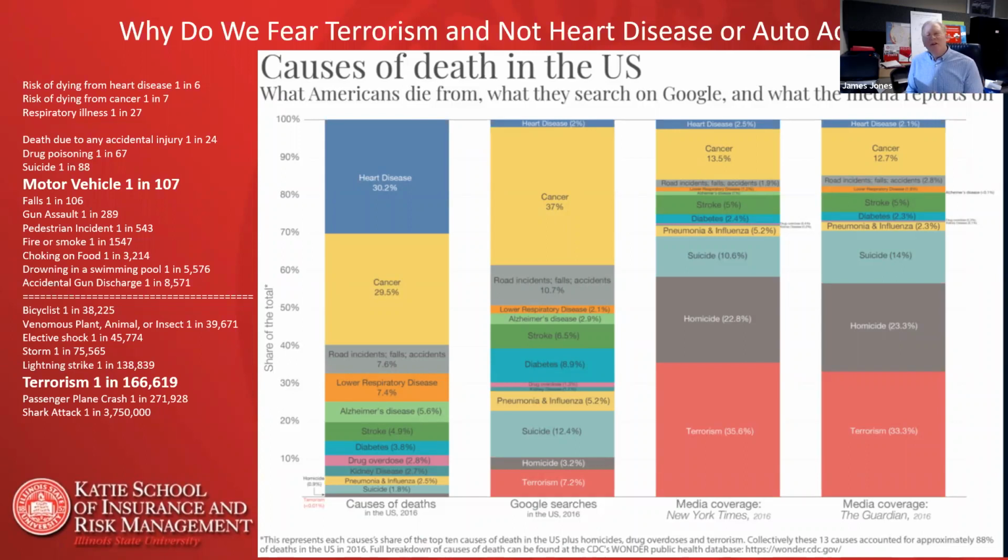But then we have to ask ourselves the question, well, why is it that they would pick terrorism? What is it about terrorism or homicides that they would use those, and why would those draw more eyeballs to their information than heart disease, which has much more likelihood of people dying from?